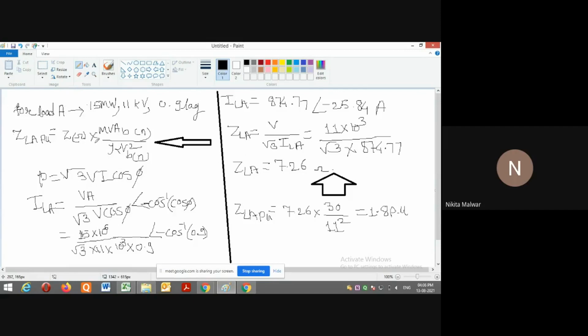We will refer to this formula and cut it out.